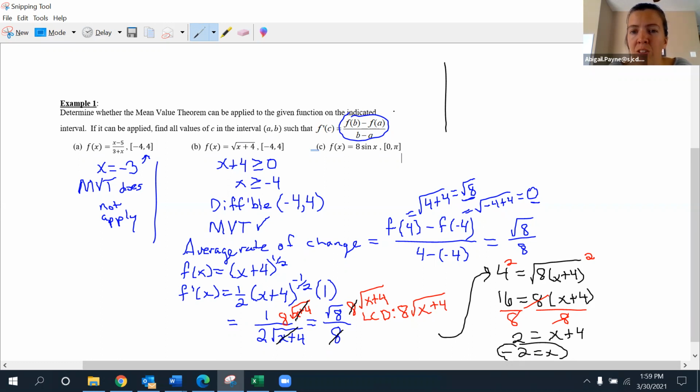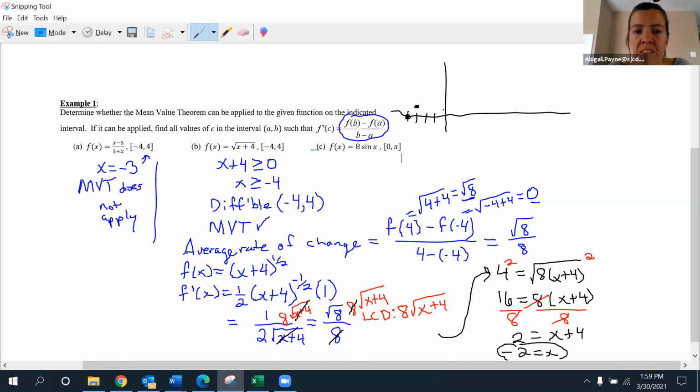As a quick illustration, the graph of f of x equals the square root of x plus 4 would go through negative 4, 0. If x is negative 3, then y will be 1.